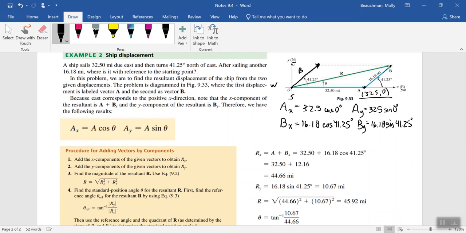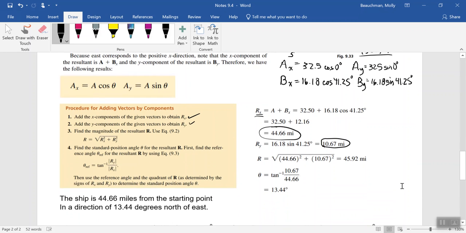So this is the procedure from section 9.3. Add the x components to obtain the x component of our resultant, which is 44.66. Add the y components to obtain the y component of our resultant vector. So we add the y components, we get 10.67.